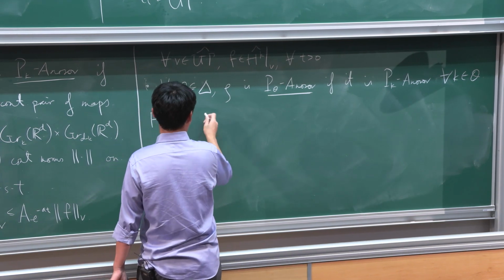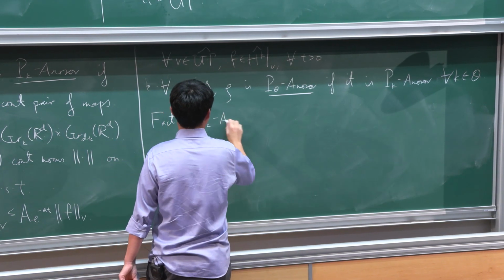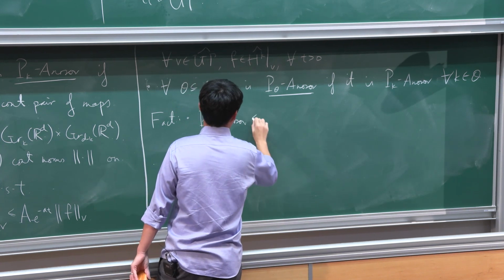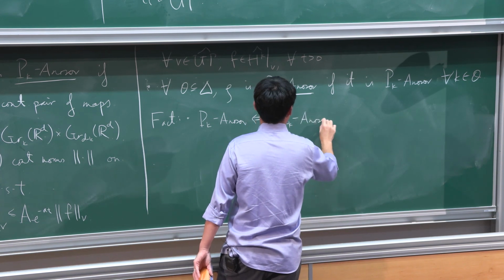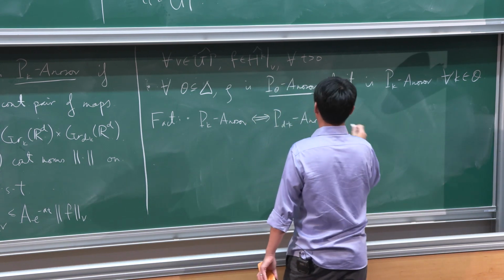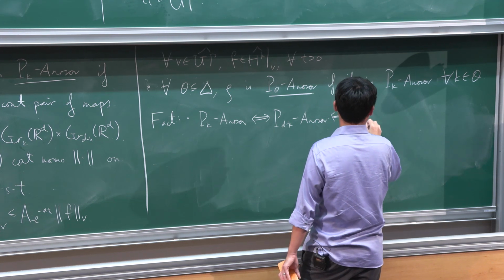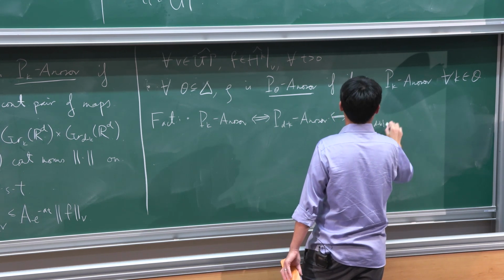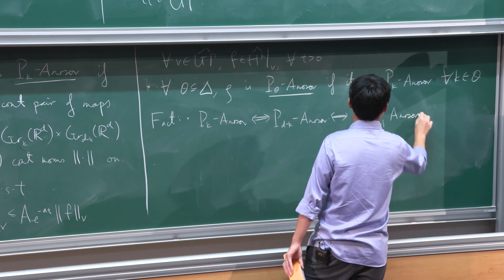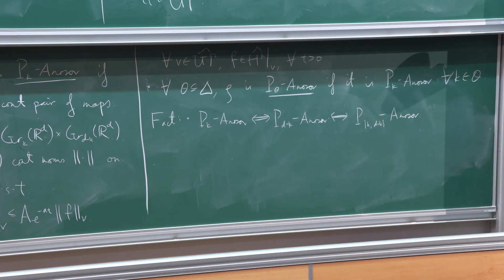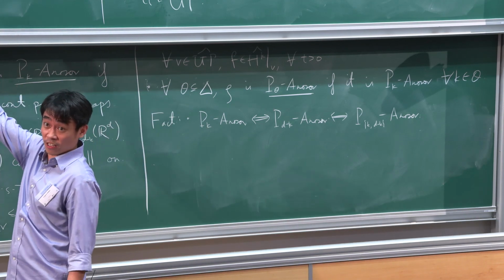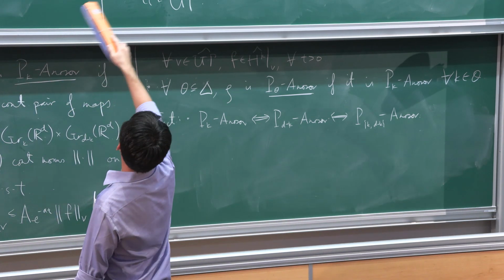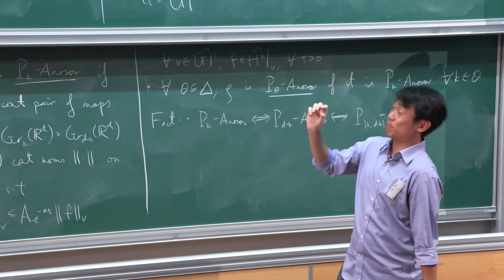So the first fact: rho is PK Anosov if and only if it is PD minus K Anosov. And of course, if this happens, then it's if and only if it's P K, D minus K Anosov. In the definition, especially the second part, there's a bit of an asymmetry between K and D minus K. But basically the contraction of this bundle is the same thing as expansion of the other.